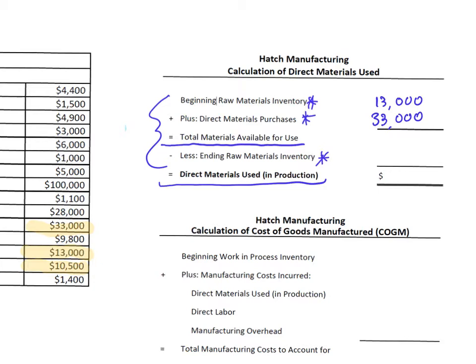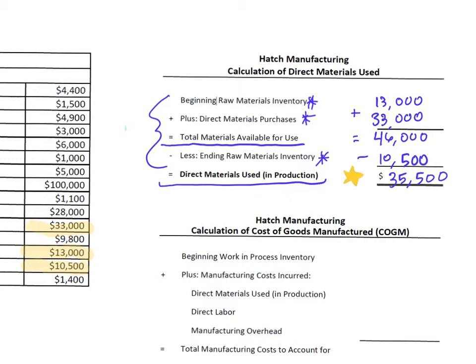Simply add those 2 together to get the total materials available for use of $46,000. Now we will subtract the ending raw materials of $10,500 to get our direct materials used in production of $35,500. I'm going to put a star by this number because we're going to use it on our next schedule.